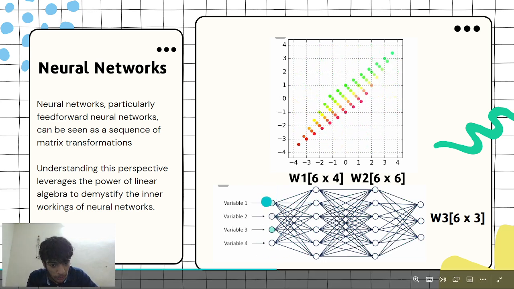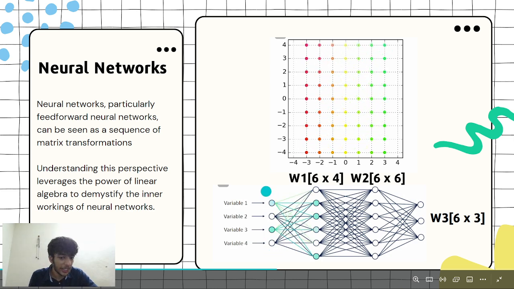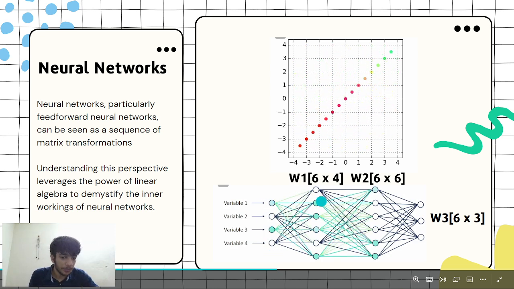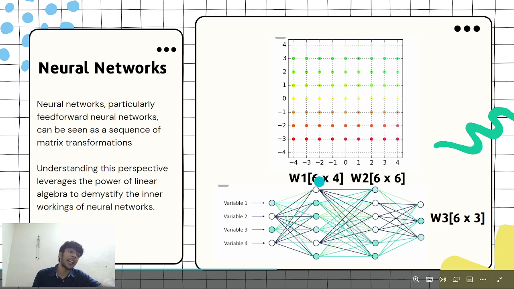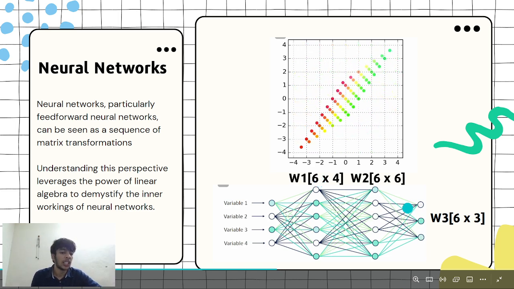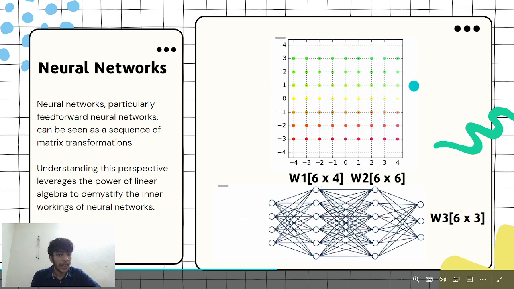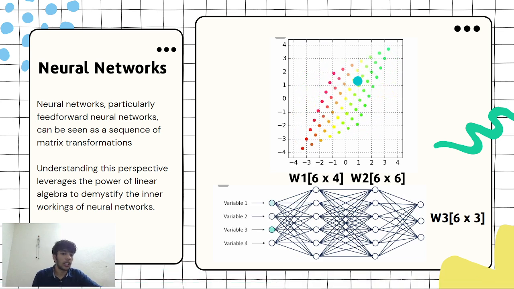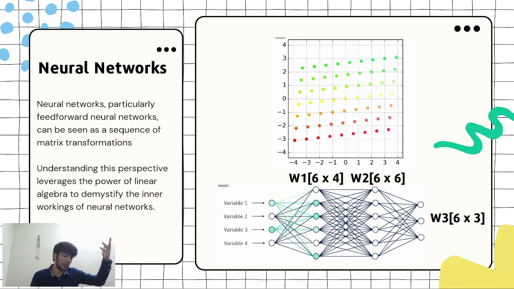So we have a four-dimensional vector, and we apply a linear transformation and get a 6D vector. Then we apply another linear transformation, we get another 6D vector, then we get a 3D vector. Visualizing each transformation in higher dimensions is pretty difficult.